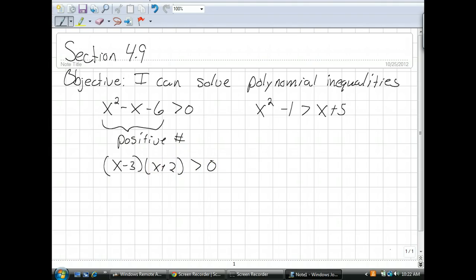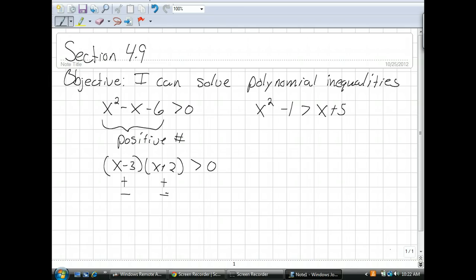And so if I'm multiplying two numbers together and they have to be positive when I multiply them together, either this one is a positive and that one is a positive, or they are both negative. In other words, both numbers have to be the same sign.